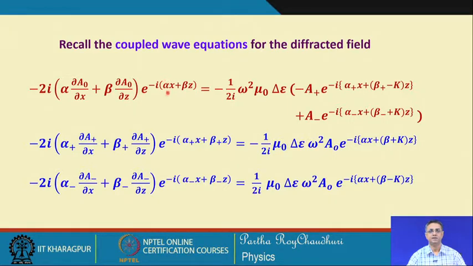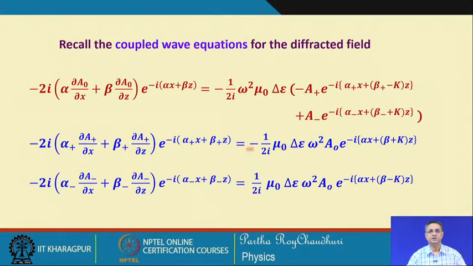Alpha is the x component of the propagation vector and beta is the z component. Likewise, for the plus order diffracted beam, alpha plus is the x component of the propagation vector and beta plus is the z component. You can see that the z component of the propagation vector is modified, and in the same way for the minus order diffraction, alpha minus and beta minus represent the same quantities respectively.